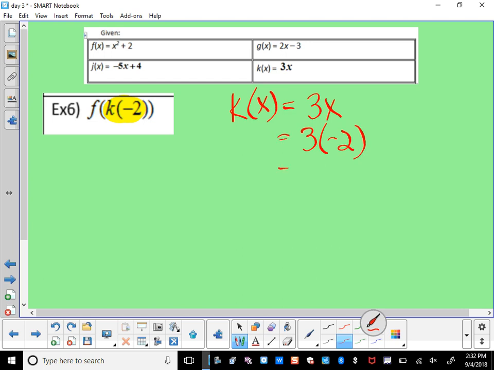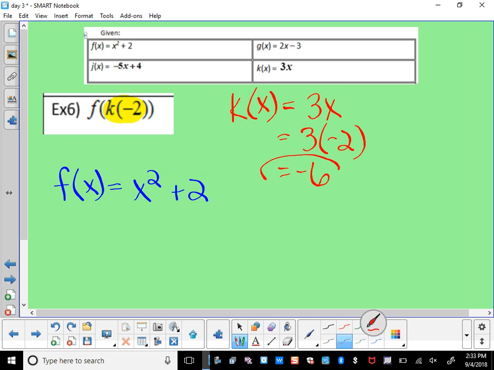What's my answer for this? What's 3 times -2? -6. Did that make sense? Okay. My inside function is still k, but instead of x, we had to plug in -2 for x. My f function is x squared plus 2.